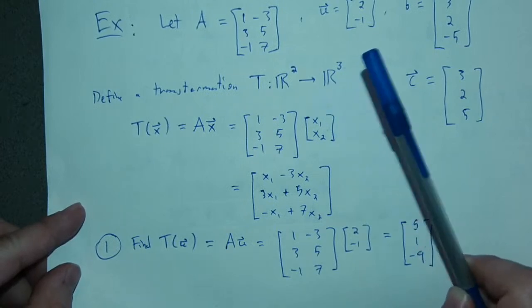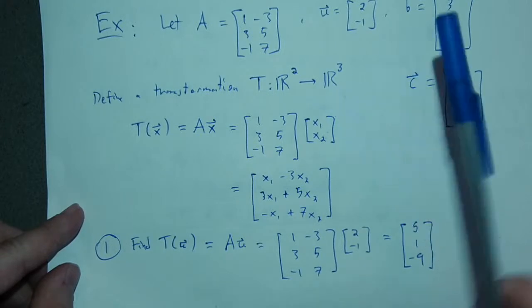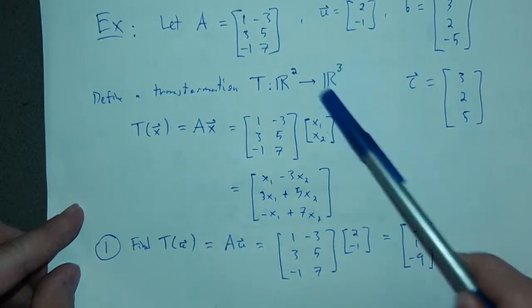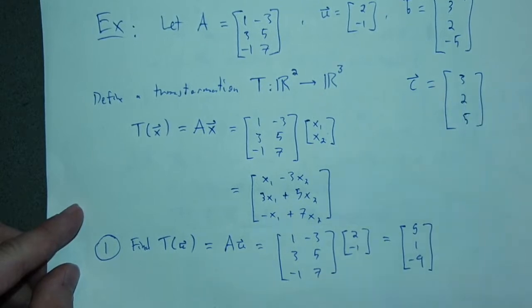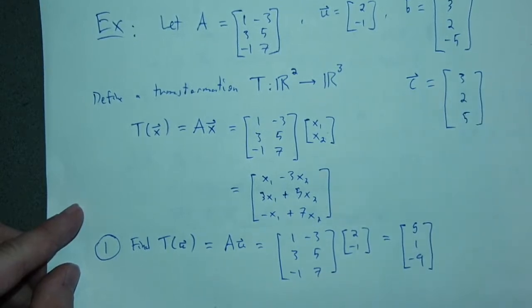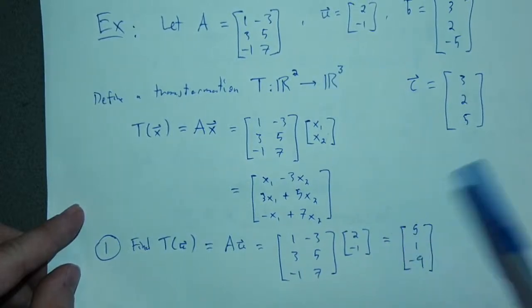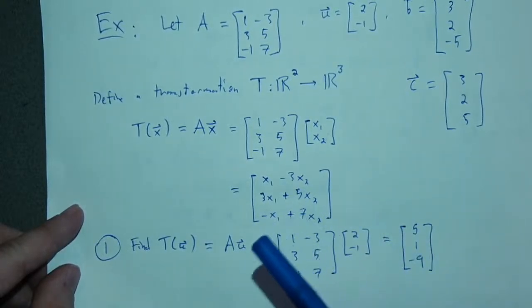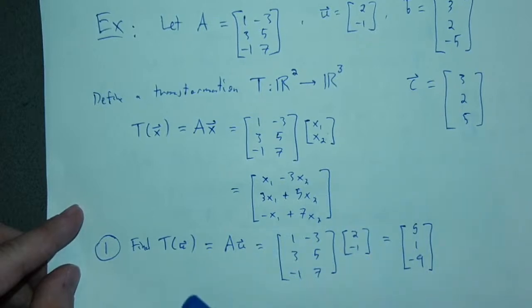And I made a distinct point to mention the codomain is not the same thing as the range. The range of T sits inside R3. It sits inside the codomain, but it's not necessarily equal to it. In some of these transformations, it will be equal to the entire codomain, but that's a special thing. We call that an onto transformation or a surjective transformation.